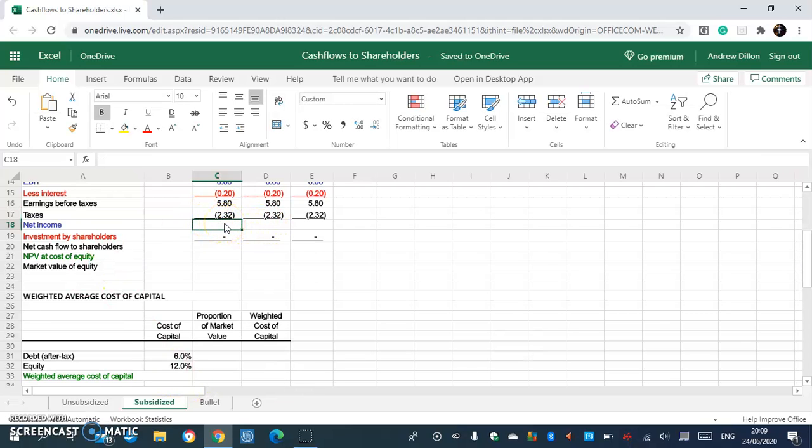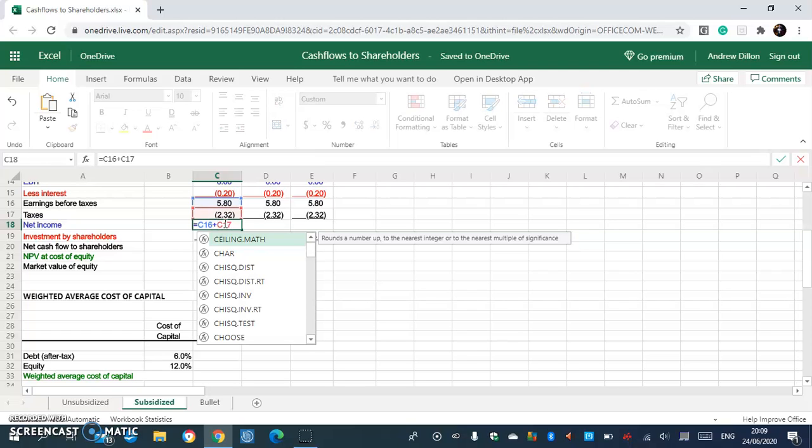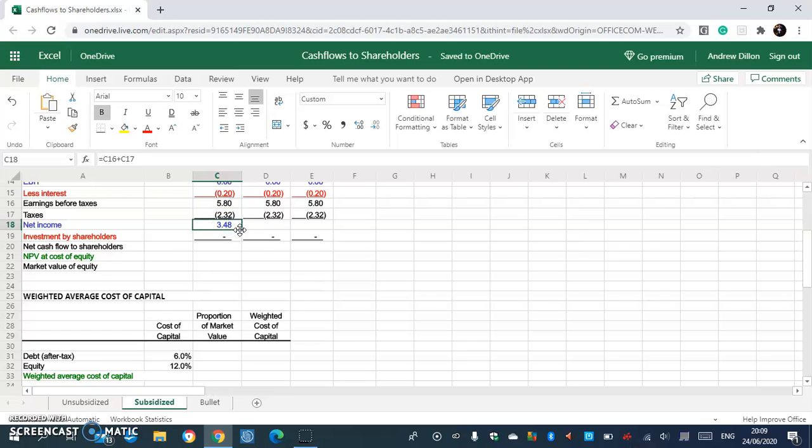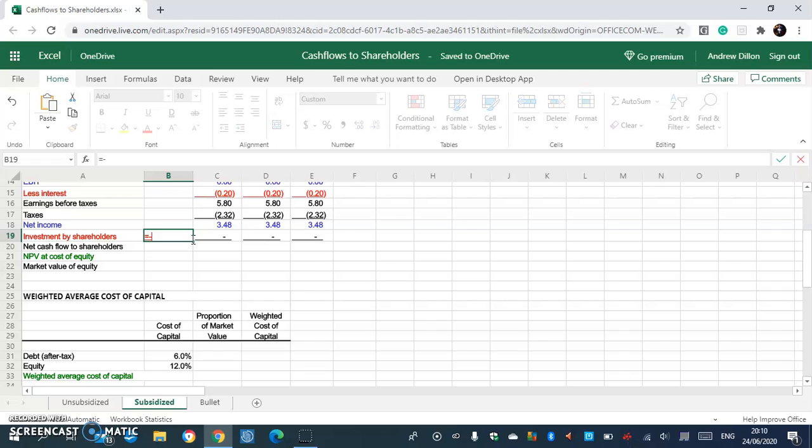Okay, let's calculate the net income. Earnings before taxes plus taxes. Now define the investment by shareholders. The answer is 8.